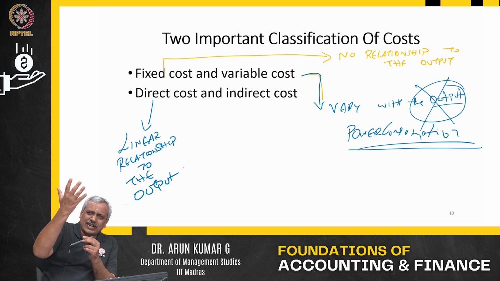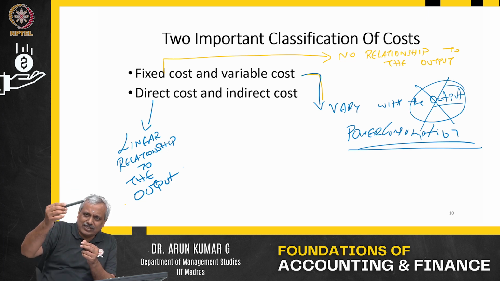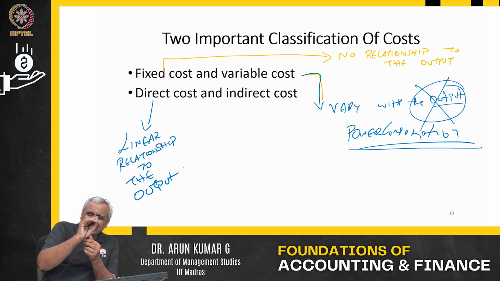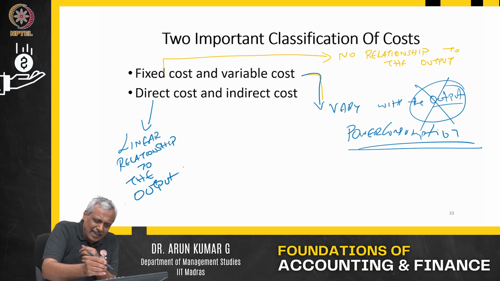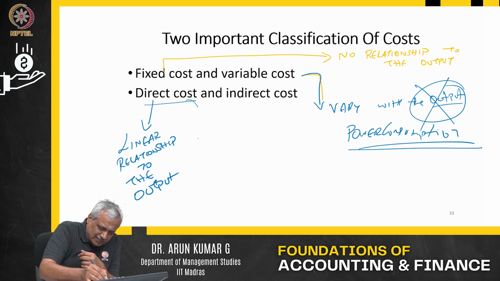I buy 10,000 granules, 10,000 divided by 5 is the number of pens I can manufacture, including wastage and everything together. So there is a direct relationship between the money that is spent and the output, and such cost is called direct cost.